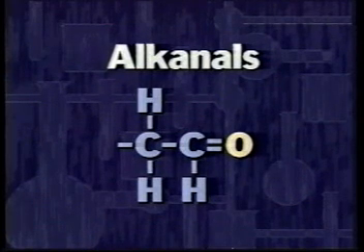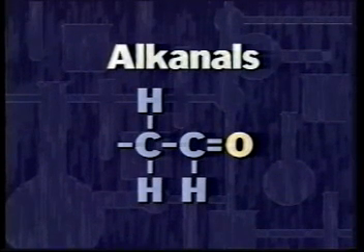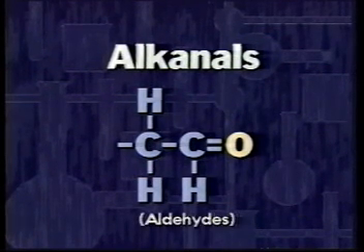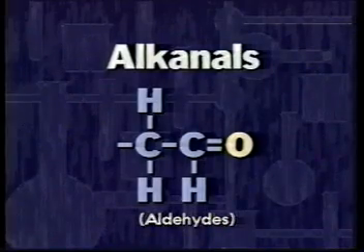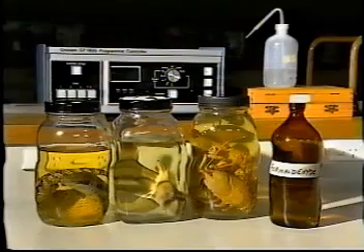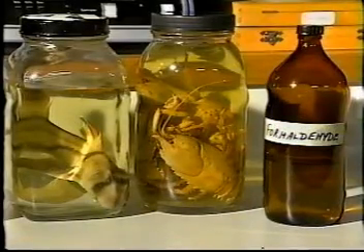If an oxygen is double bonded to a carbon atom on the end of a chain, the compound is an alkanal. We use the ending "-al" to denote alkanals. These are also known as aldehydes. Methanal is commonly called formaldehyde and used for preserving biological specimens.